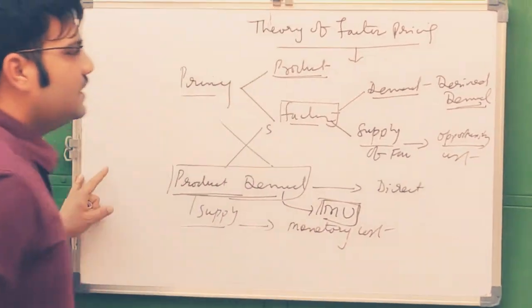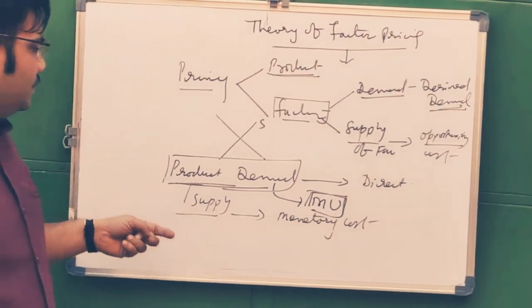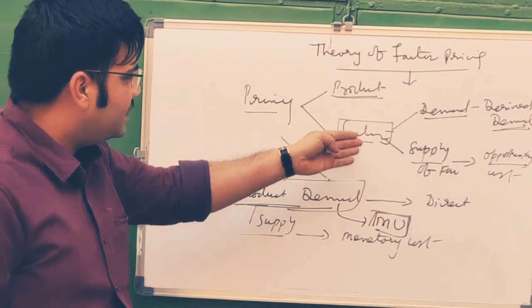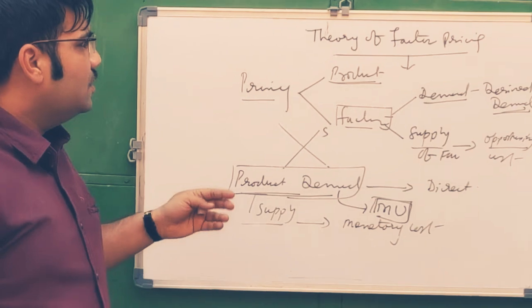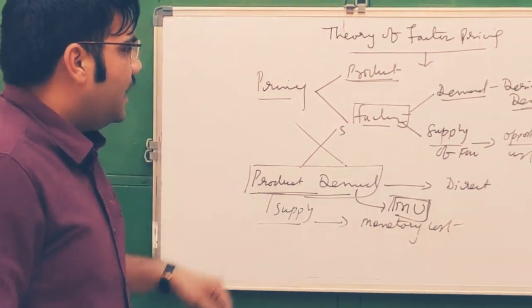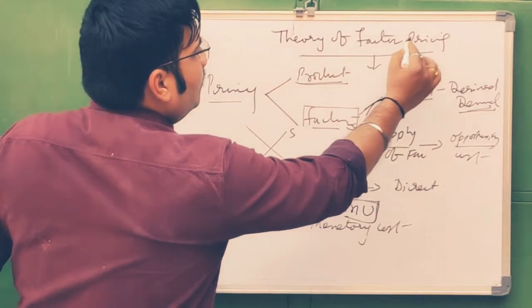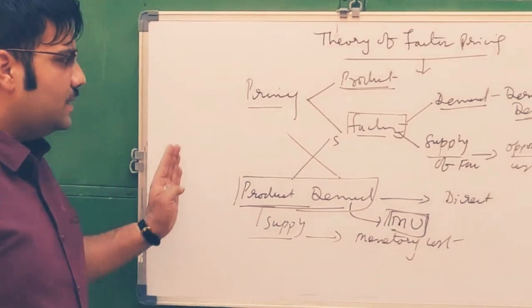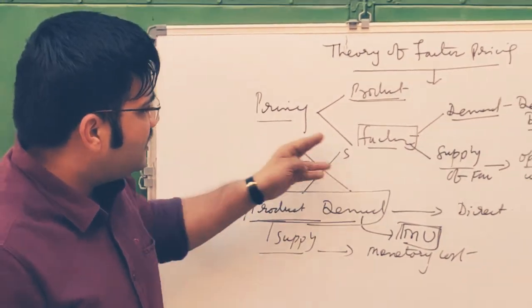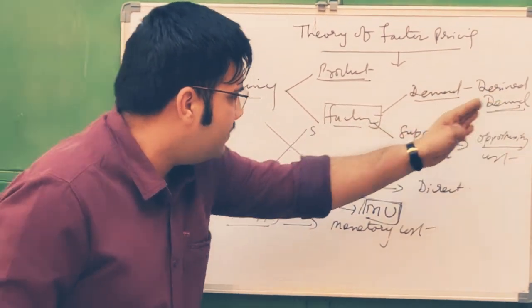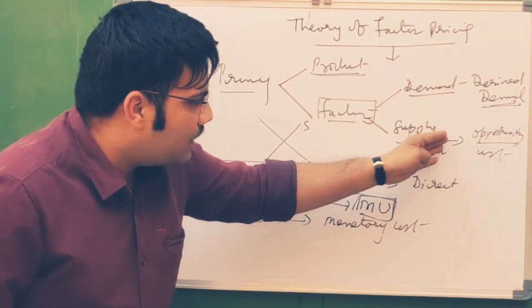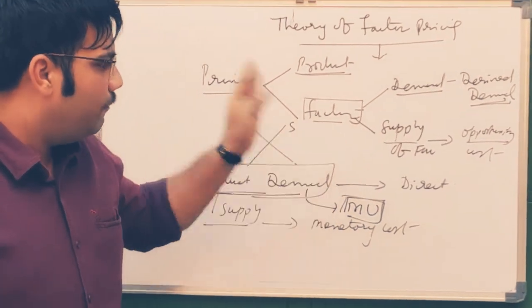That is why a different theory is needed to study factor pricing, because factor demand is derived demand and supply depends upon the opportunity cost of the factors.